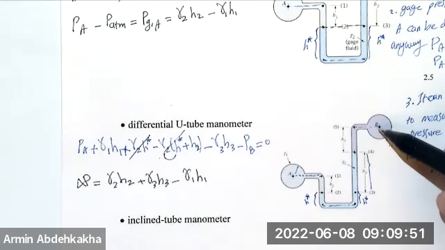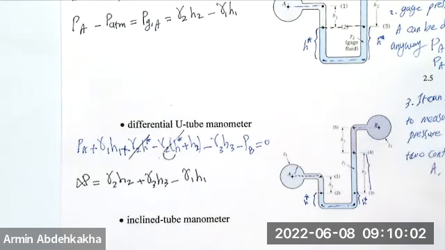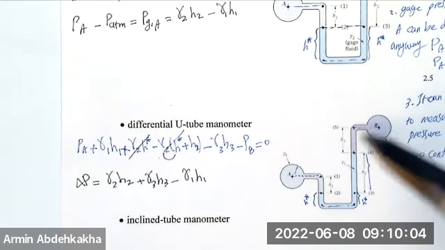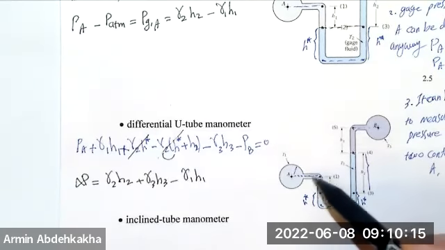Then you can write that, okay, if assumed by the question that the gamma of the gas is negligible, then you can bring PV here and then come here without changing anything. Why? Because these are gases and you are going to calculate the pressure of gases. And the pressure difference is only gamma 2 H2 because gamma 3 H3 here and gamma 1 H1 are negligible.